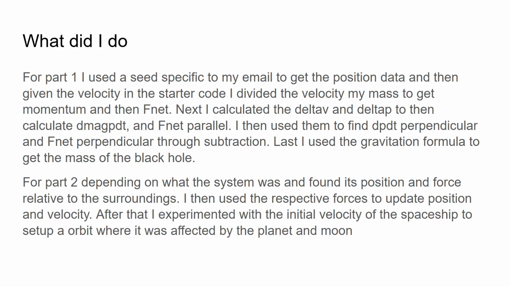Next, I calculated delta V and delta P, then calculated the change of the magnitudes over change in time, and then Fnet parallel. I then used those to subtract from Fnet and delta P over delta T to get delta P over delta T perpendicular, and Fnet perpendicular, through subtraction.